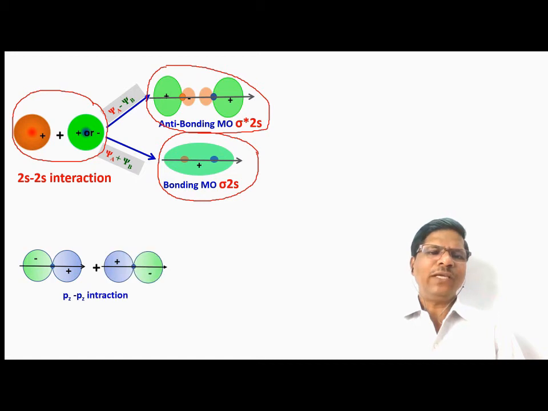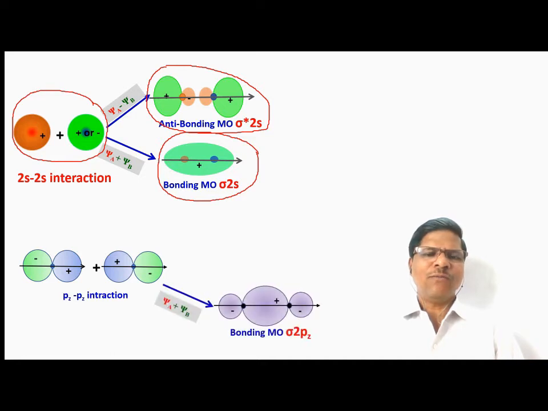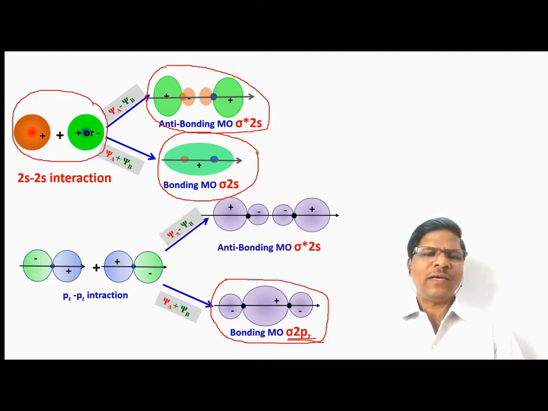Like this we have the pz interaction. The in phase interaction will result in the formation of the bonding molecular orbital. So this is the result of in phase interaction of 2pz atomic orbitals, and this will form the sigma 2pz bonding orbital, and like this the out of phase interaction, psi A minus psi B, will generate the antibonding type of interaction.